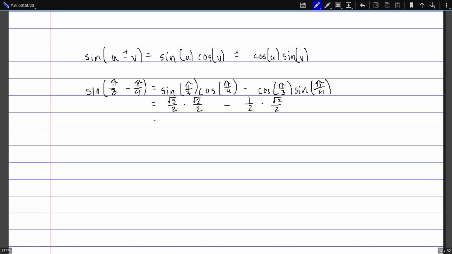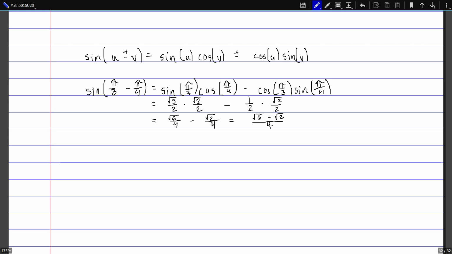We'll clean this up with a little bit of arithmetic. These two are both under radicals, so we can rewrite them as the radical of their product. So this will be square root of 6 over 4. And over here, this will be square root of 2 over 4. Or written as a single expression, square root of 6 minus the square root of 2 all over 4.